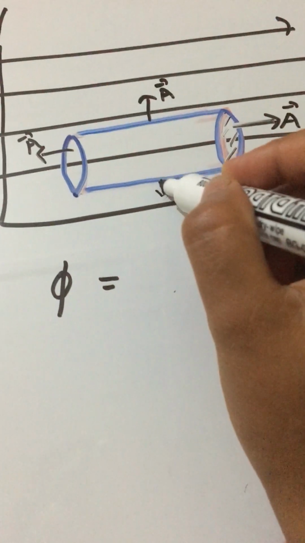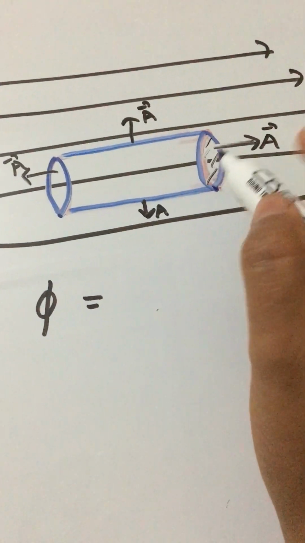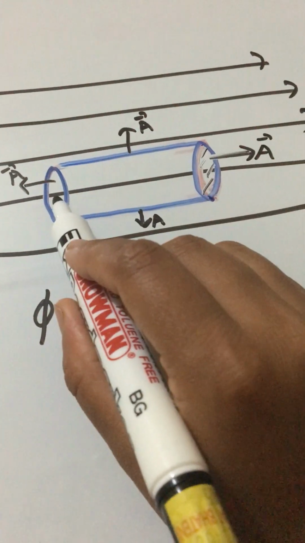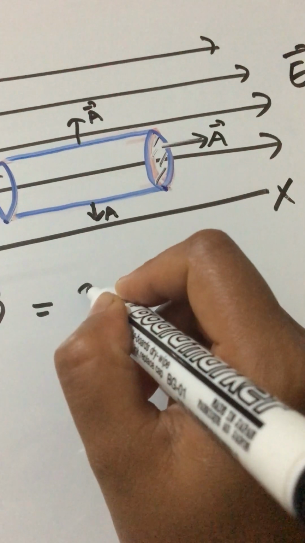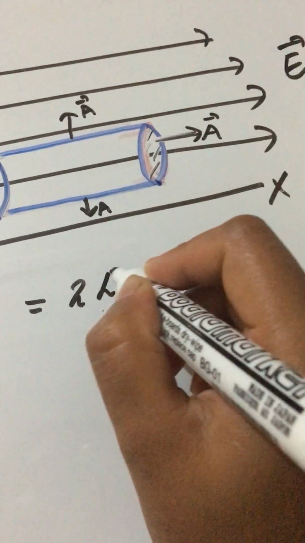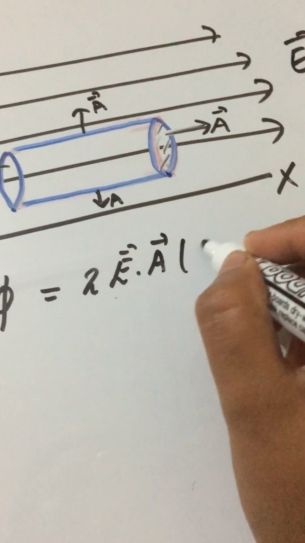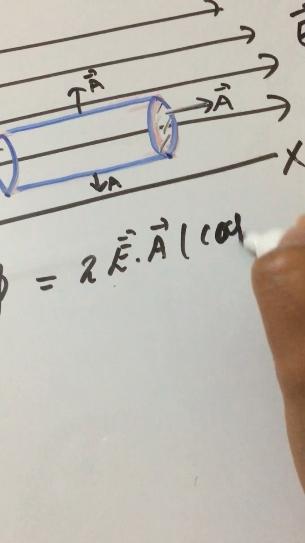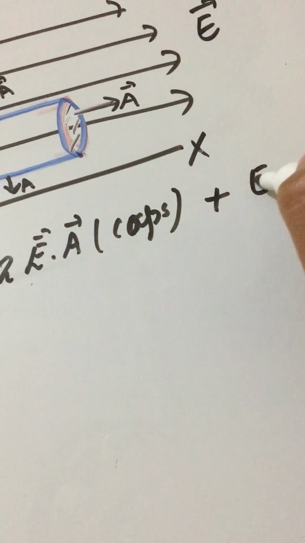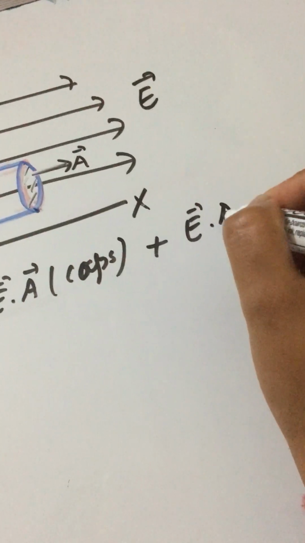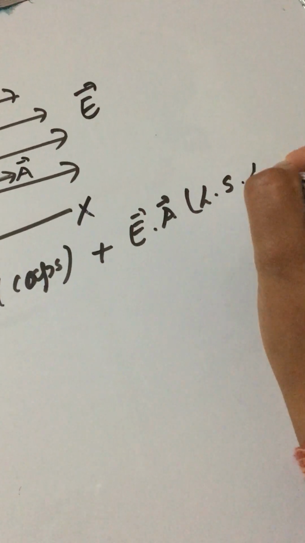Now see, the area vectors are different on the lateral side and on the caps, right? How many caps are there? Two caps. Then I can write 2 E dot A for the caps, and another term, E dot A lateral, where this is the lateral surface area.